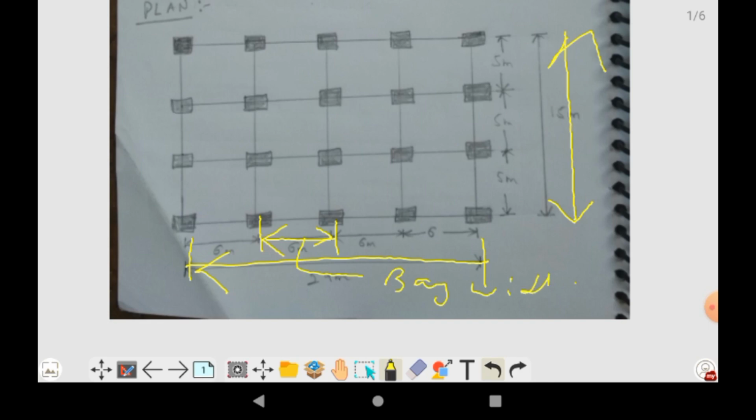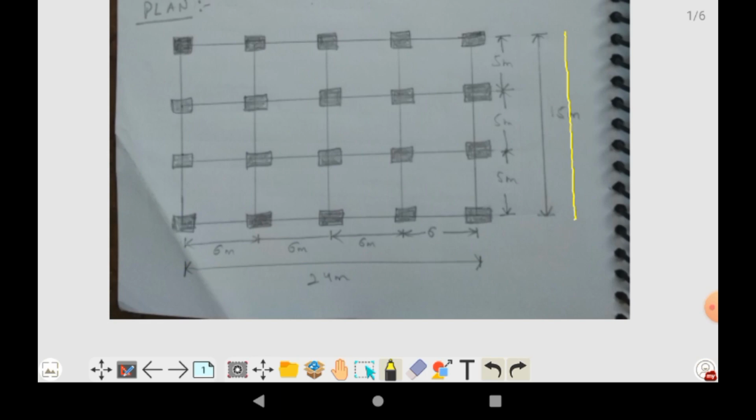The bay width for longitudinal direction is 6 meter, and for lateral direction it is 5 meter each. This is the bay width for lateral direction, and this is the longitudinal bay width.